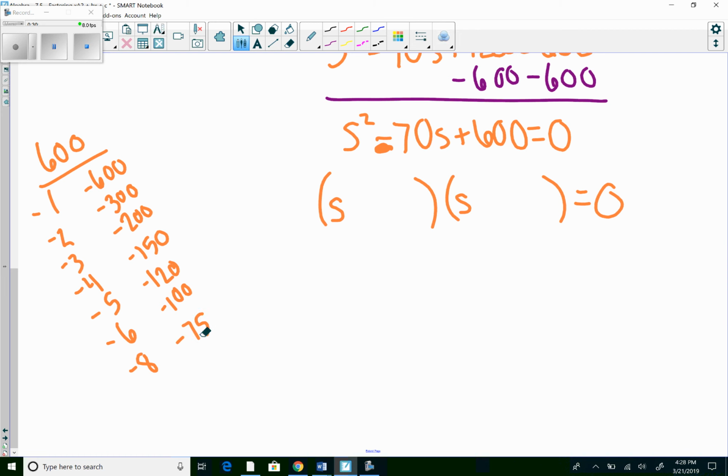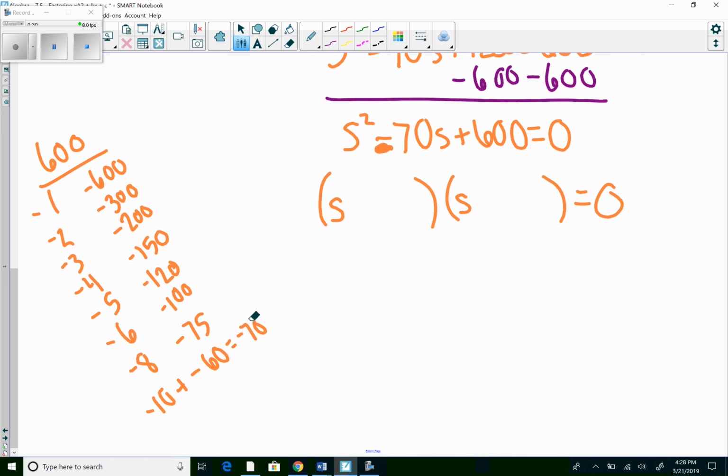So 8 and 75. Ooh, here we go. 9 doesn't work, but 10 sure does. And look there, I think I can stop here, because when I add these together, that's going to give me 70. Perfect. That's exactly what I'm looking for.